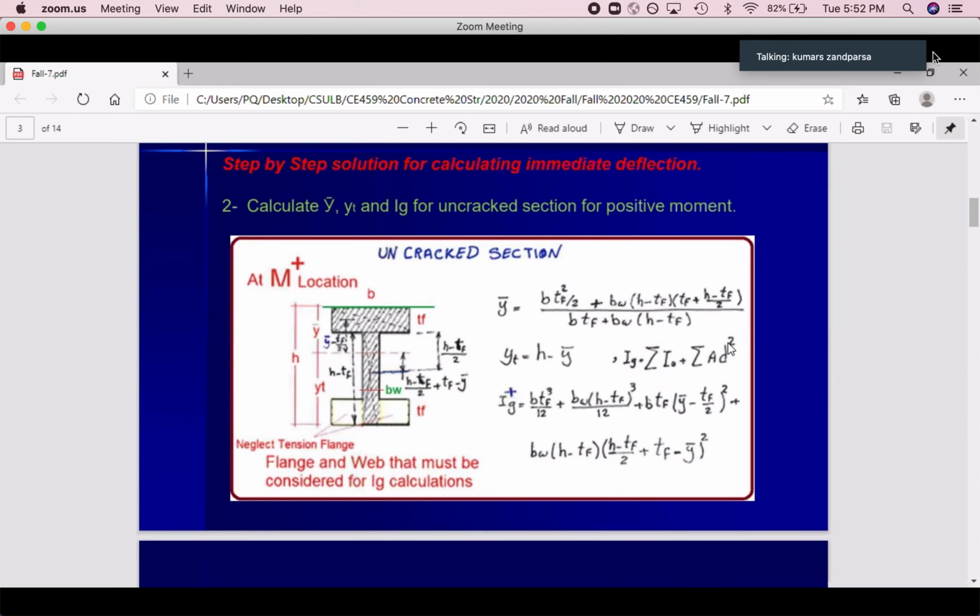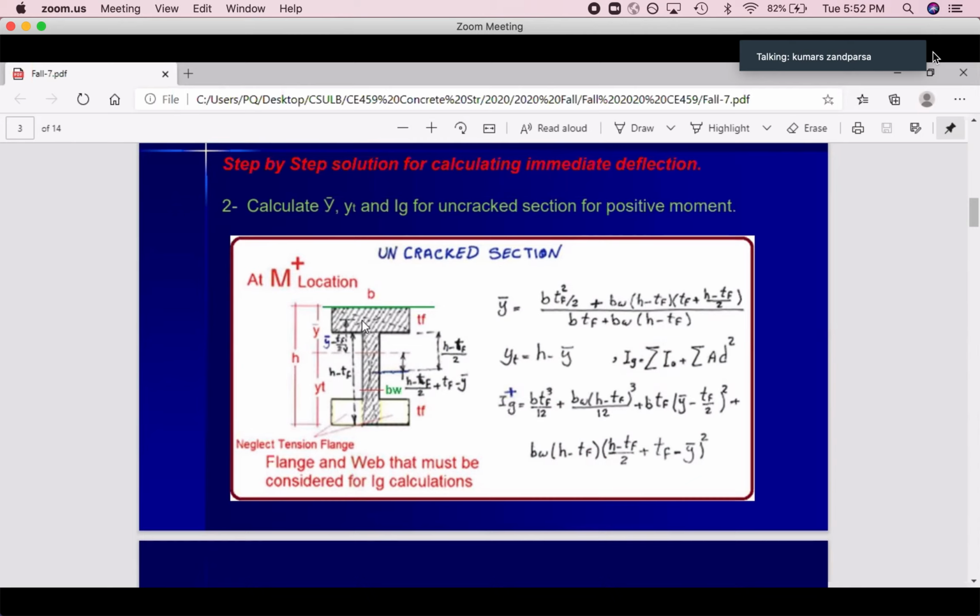Yeah, very fast. 0 for TF. So it will take time to go with this. The answer is half. H over 2 is your Y bar, and YT is equal to H divided by 2. That's it. That's the answer. You don't need to calculate this.